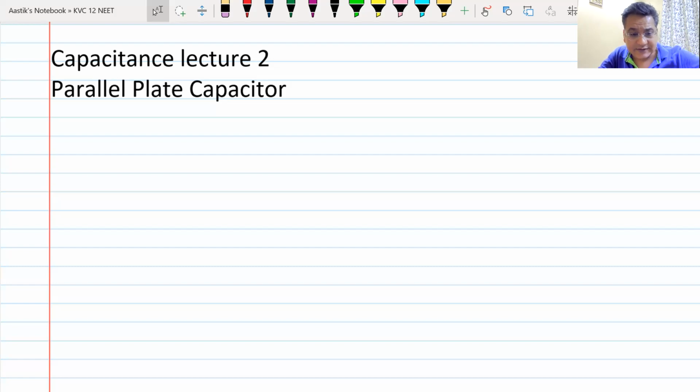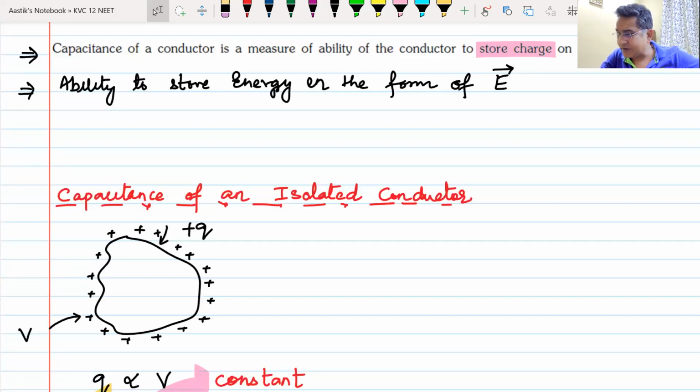In the previous class, we had seen what capacitance of an isolated conductor means: the ability of this conductor to store electrostatic charge, or store energy in the form of electric field.